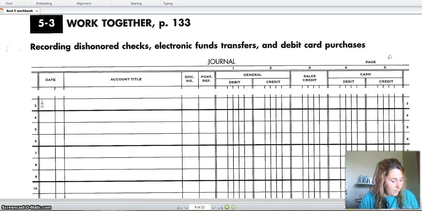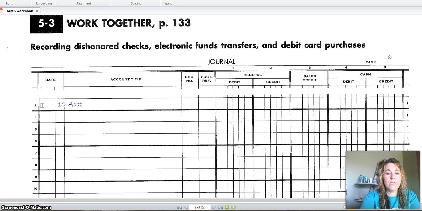Okay? It says on March the 15th, we received notice from the bank of a dishonored check for Christopher Icola for $63 plus a $10 fee for a total of $73. So we wrote out memorandum number 1. So the date on this one is the 15th. The account title that we're going to use is accounts receivable.